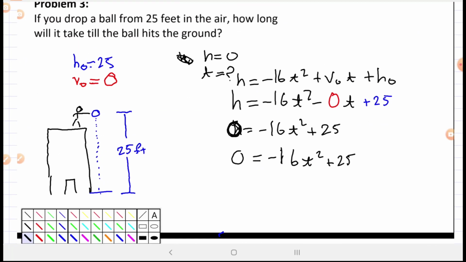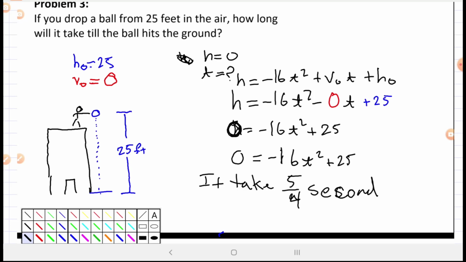So in this problem, from 25 feet in the air, if you drop this ball right here, it takes 5/4 of a second. What is 5/4 of a second?